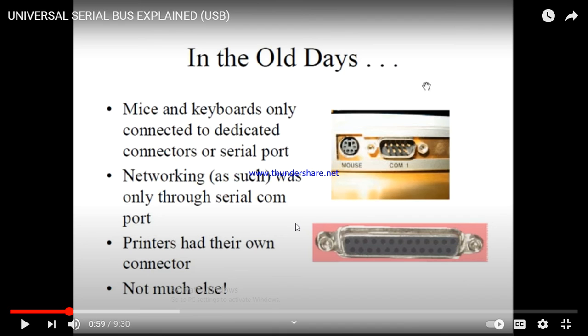Now you can see over here that in the old days, mouse and keyboards were only connected to dedicated connectors or serial ports. In the first screen we have seen the different properties and very useful information about USB. But when we compare that USB with the old age data transmission technology, you can see over here, this is the slot which is used to connect the mouse to the PC, and this is the COM port slot.